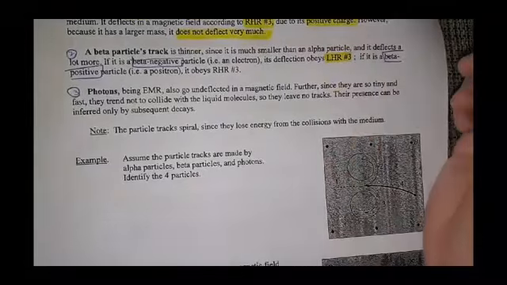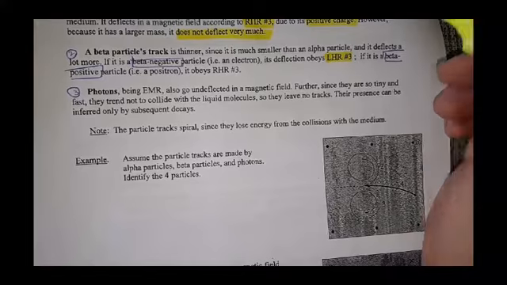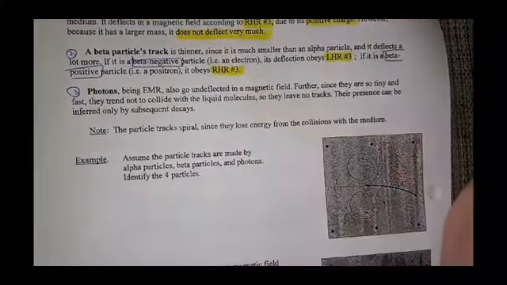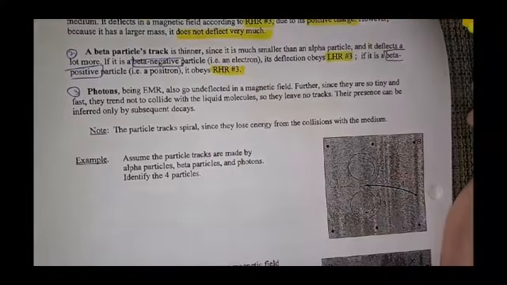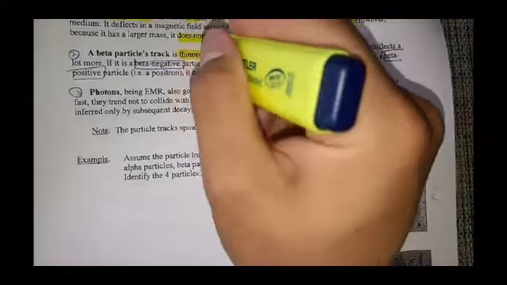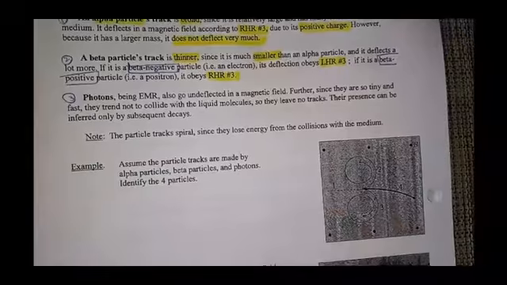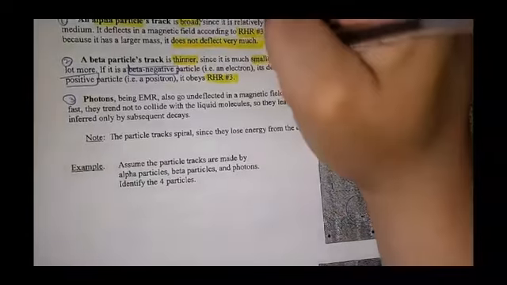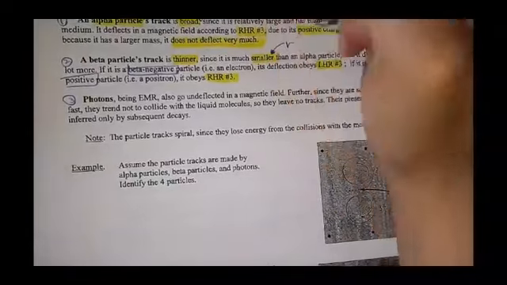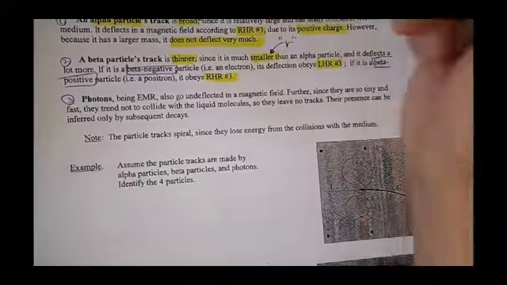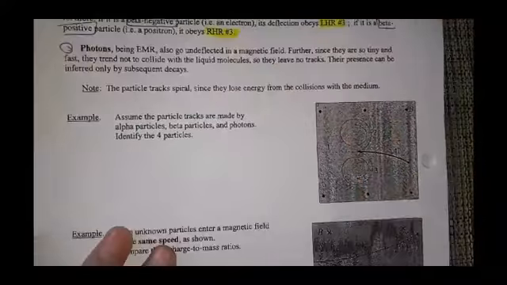Beta negative, left hand rule; beta positive, right hand rule. And when it comes to circular motion, it's a relatively thin type of circle, and it has a smaller radius. That's what I want to point out.